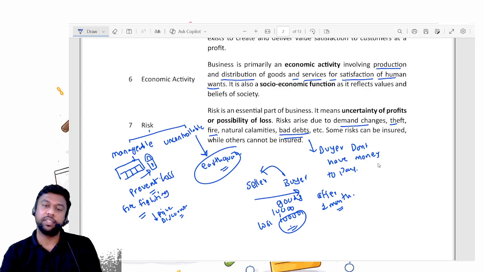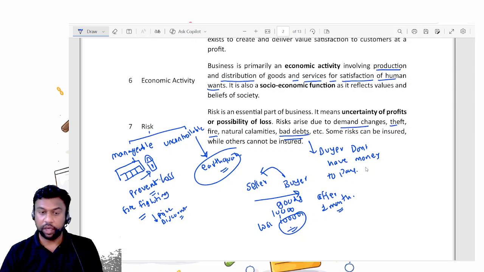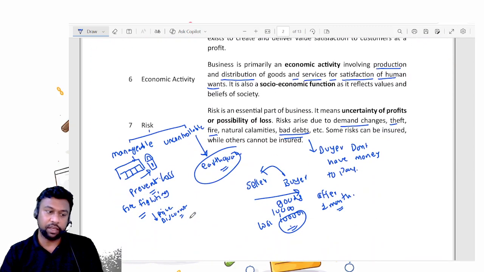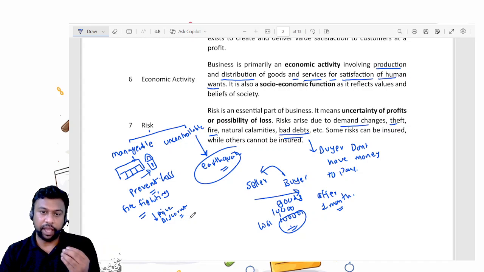What is in your hand is, if those are very valuable goods, either take the money in advance or ask for some guarantee. But if it is a low value good, you have given a credit period of 1 month and that person has become bankrupt. Bankrupt means he doesn't have any money in his bank account. In that situation you will not be able to receive your money.